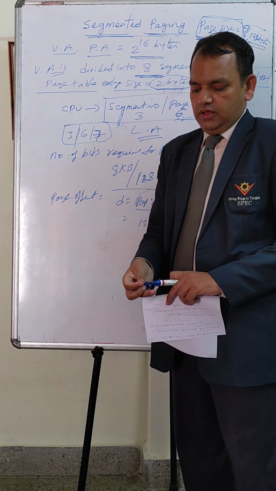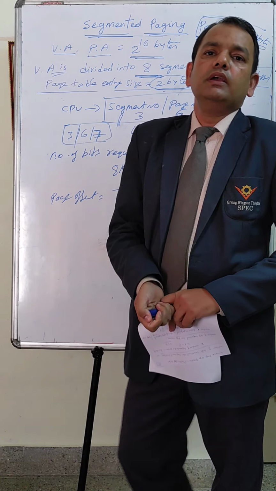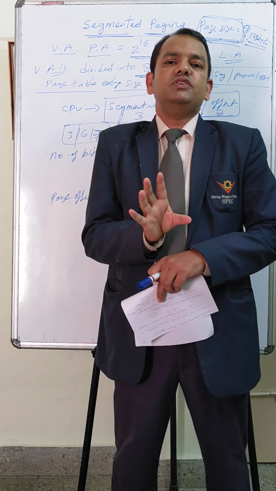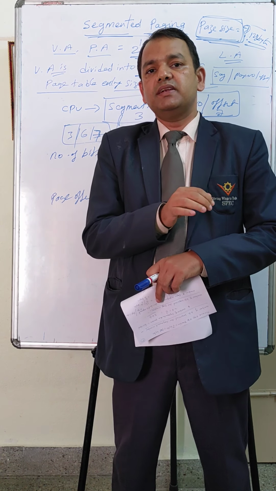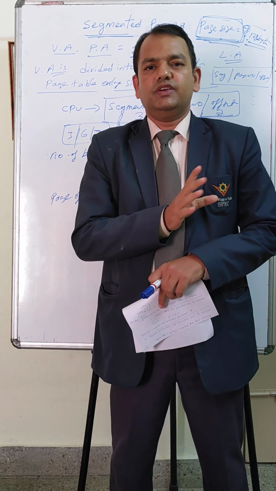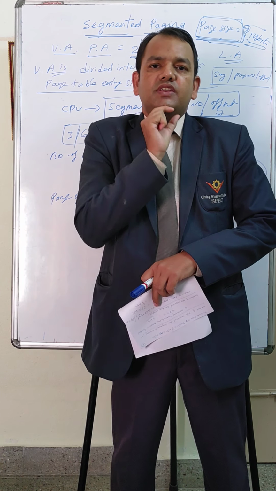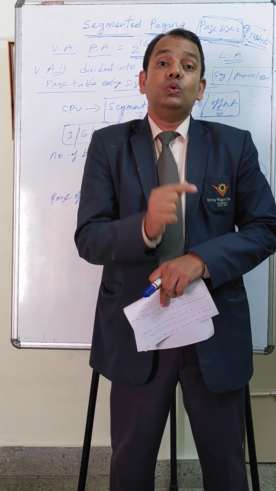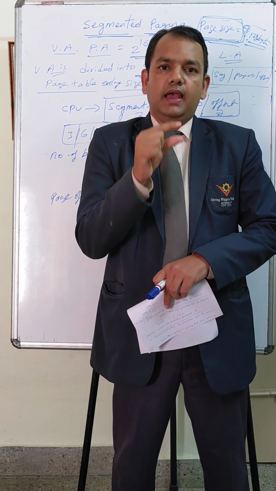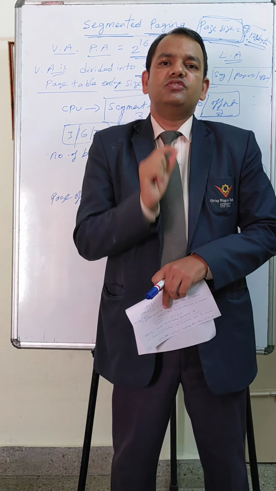Okay, my dear friends. This is segmented paging. The given program is divided into segments. The segment size always varies, not fixed. And each and every segment is divided into a number of pages, and we need to maintain a page table.